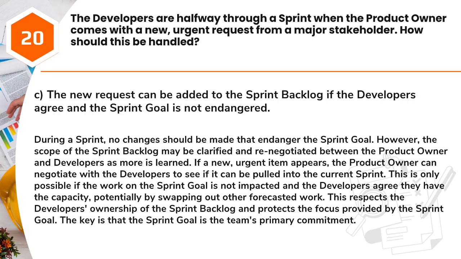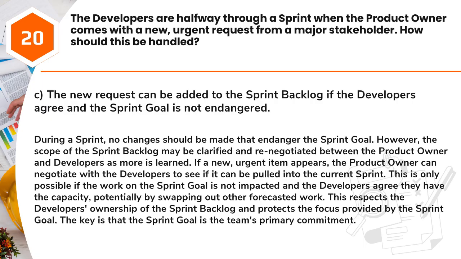Answer: C. The new request can be added to the sprint backlog if the developers agree and the sprint goal is not endangered. During a sprint, no changes should be made that endanger the sprint goal. However, the scope of the sprint backlog may be clarified and renegotiated between the product owner and developers as more is learned. If a new urgent item appears, the product owner can negotiate with the developers to see if it can be pulled into the current sprint.